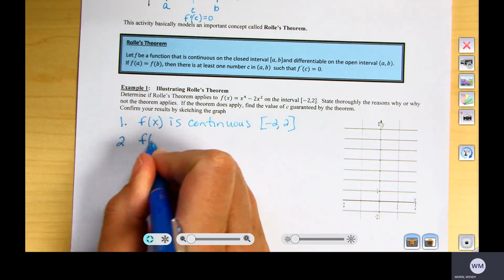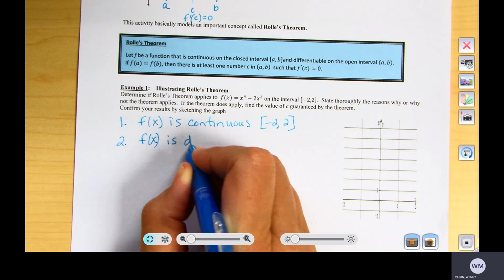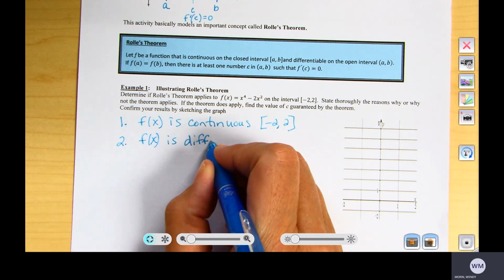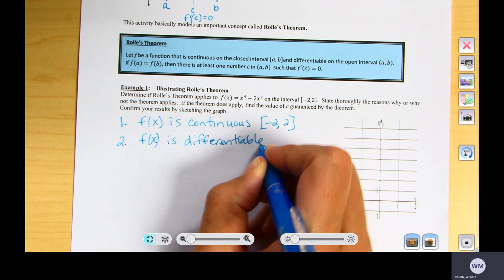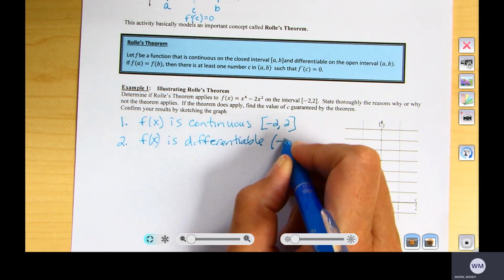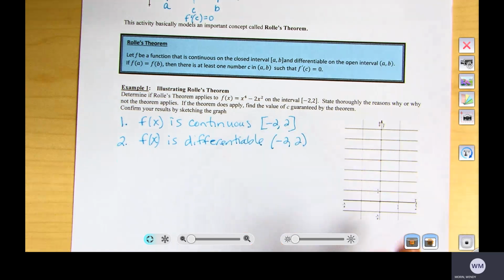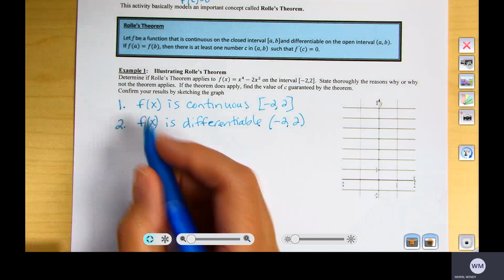So continuity does not imply differentiability, but differentiability implies continuity. So f of x is differentiable on the open interval. Now, it's not differentiable on the closed because of the endpoints. So does Rolle's theorem apply? Well, we need to test.